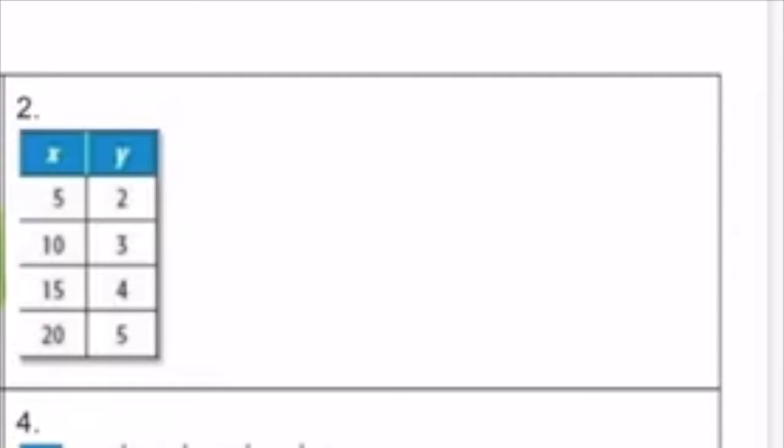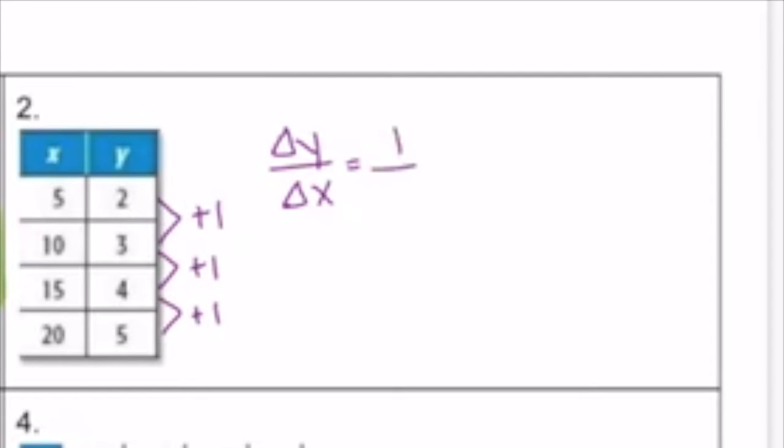In example 2, let's look at the change in y. Our change in y is +1. Now we're going to find the change in x.